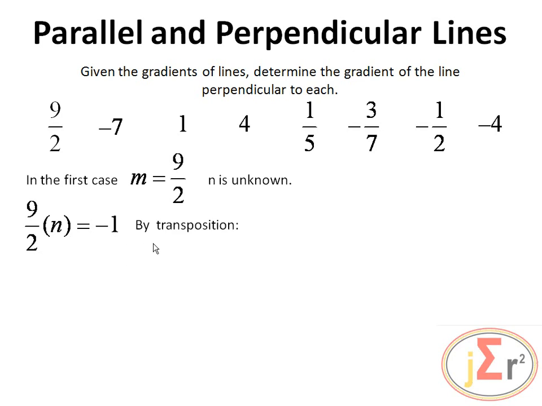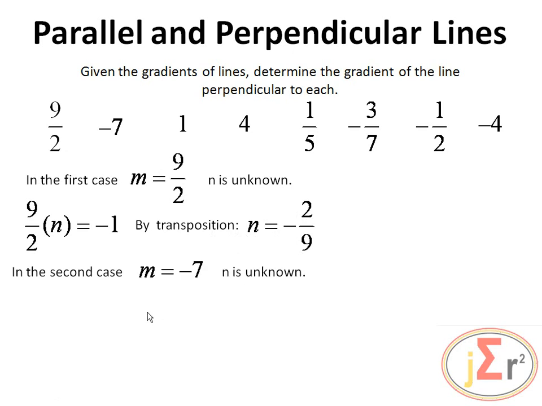So by transposing, we are dividing by 2, so we're going to multiply by 2 on this side. We are multiplying by 9, we are going to divide by 9 on this side. So we have n is equal to 2 over 9. So we have done our reciprocal, and of course we have the negative here. So whereas m is 9 over 2, n is equal to negative 2 over 9.